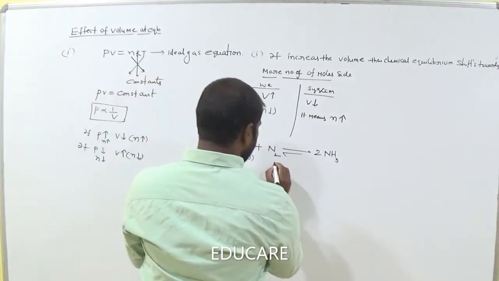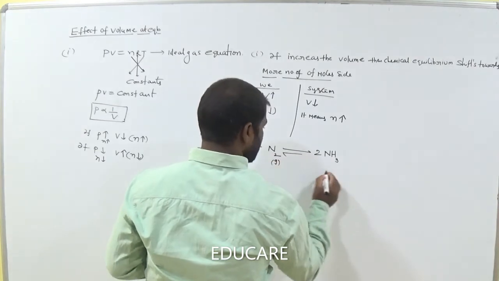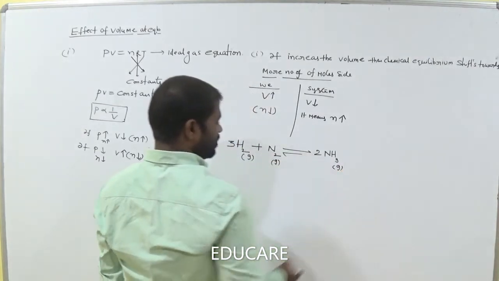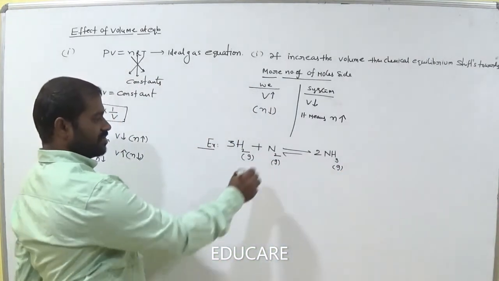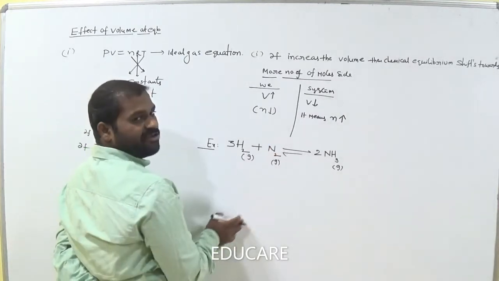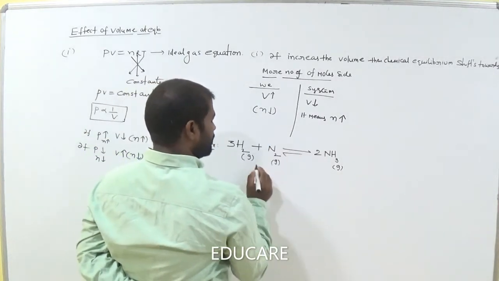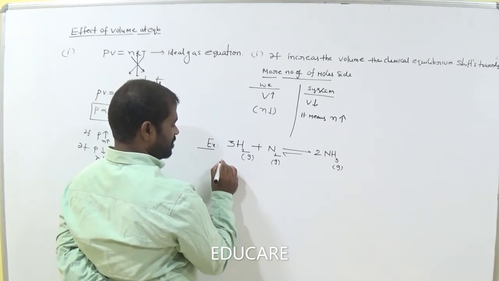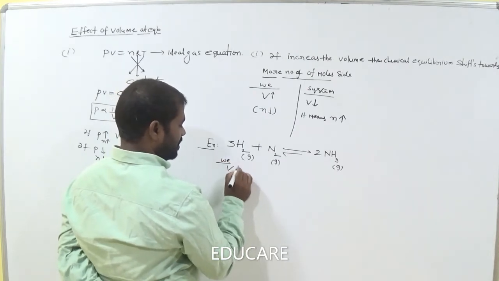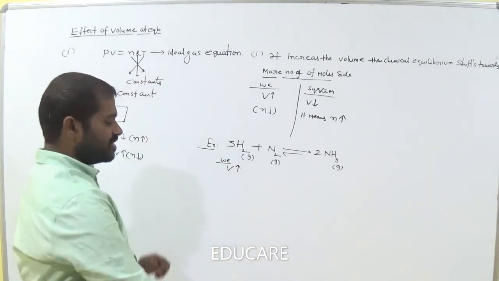It is a gaseous chemical equilibrium, you know. Now, in this equilibrium, we increase the volume. Is it clear?